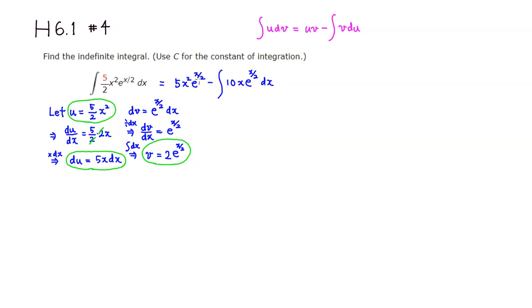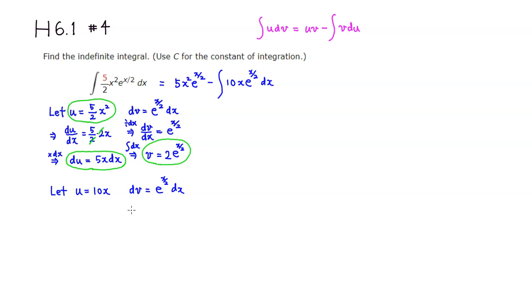I'm done with the first term, but the second term has an integral, so I'm going to have to apply another integration by parts. Now this is a new u, so u is going to be 10x, and dv is the rest of it, which is e to the x over 2 dx, exactly the same as dv before.